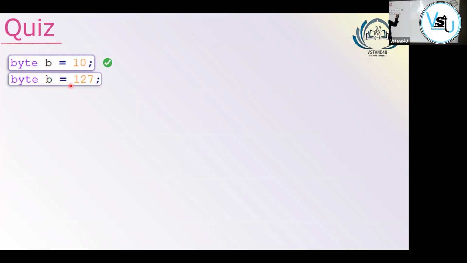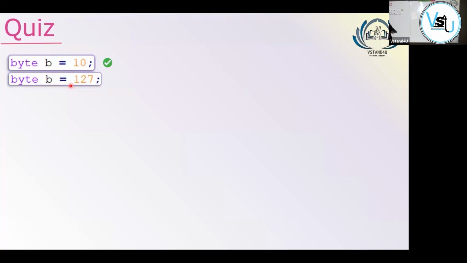Okay, fine, integer. Where are you trying to put it? Byte. What is the size of the byte? 1. The maximum number allowed in byte is plus 127. And the integer number is 127. Take a 1 liter water bottle and a 4 liter water bottle. How much water is there? 1 liter.